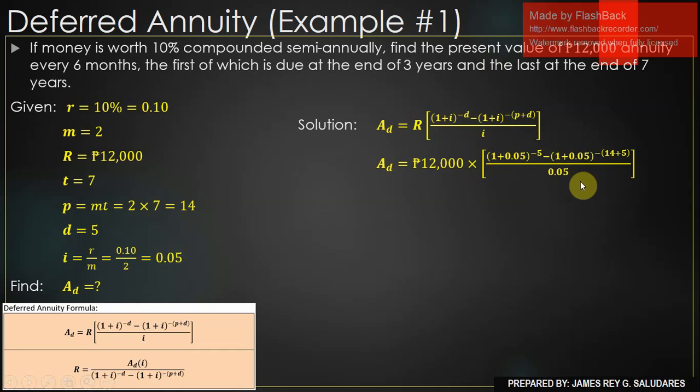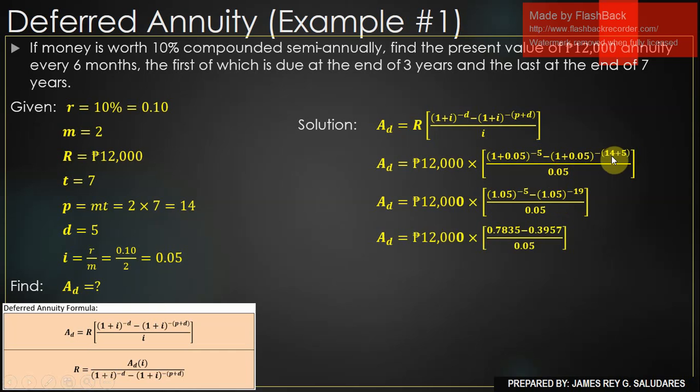Then, similar with the previous examples, always use PEMDAS. For the numerator, we add inside the parentheses: 1 plus 0.05 is 1.05. This one is again the same, 1.05. Then also in the numerator, the exponent, 14 plus 5 is 19.